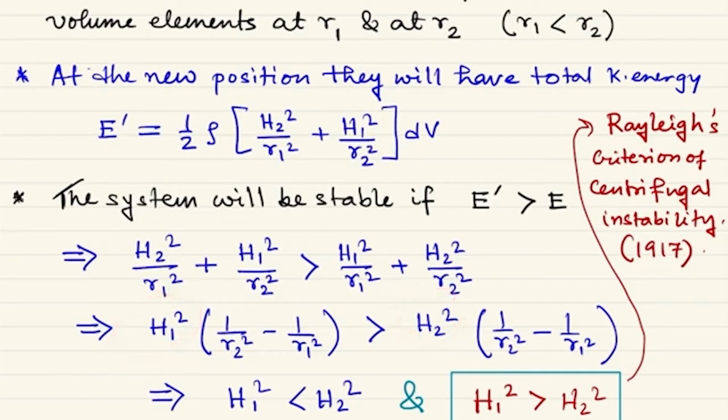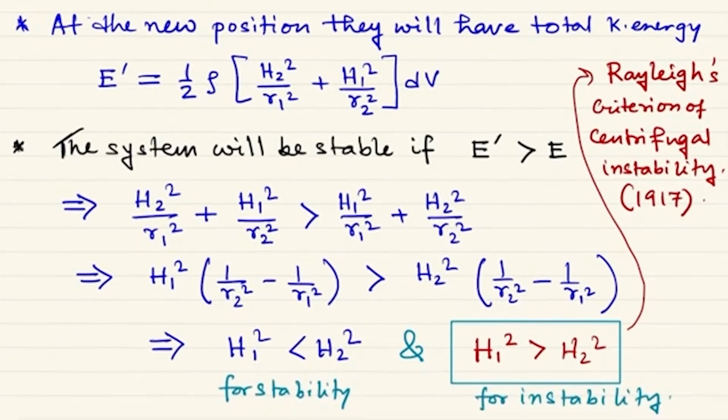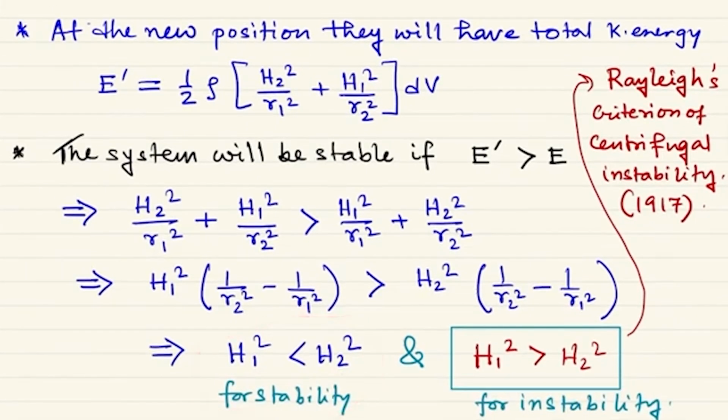When you cancel the negative things from both sides, the relation is inverted, and this leads to the condition that h1 square should be less than h2 square, and that is the condition for stability. The opposite condition, h1 square greater than h2 square, will be the case for instability.